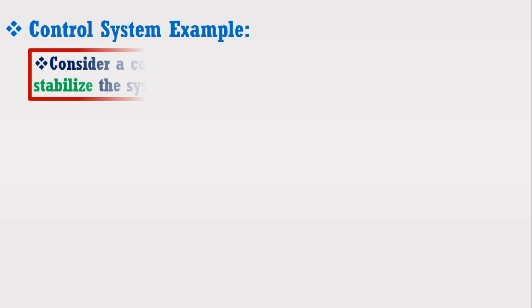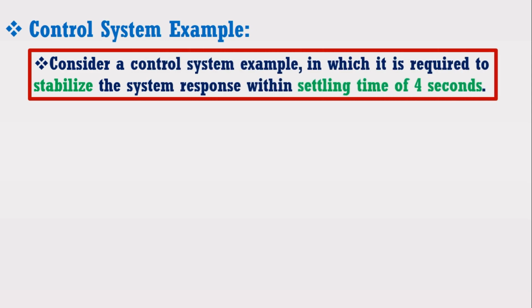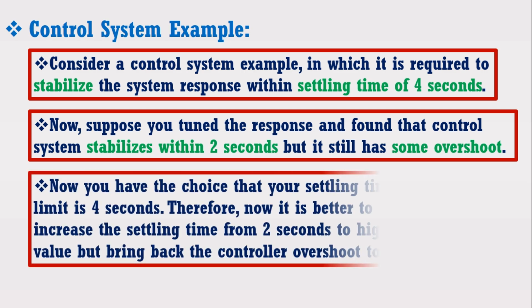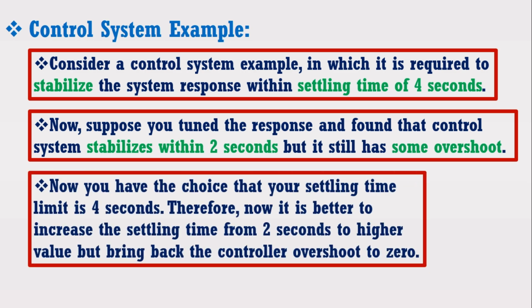To further clarify this concept, just consider the following example. Suppose for a control system, it is required to stabilize its response with a settling time of 4 seconds. Now suppose you tune the response, and you find that the control system stabilizes within 2 seconds but it has some overshoot. It means that you have the choice, since your settling time limit is 4 seconds.